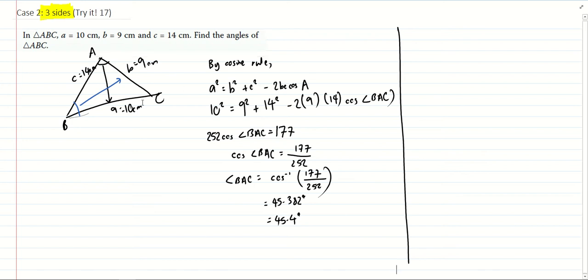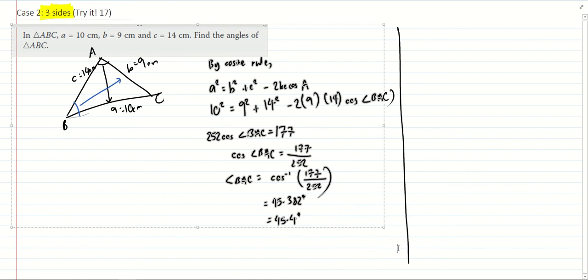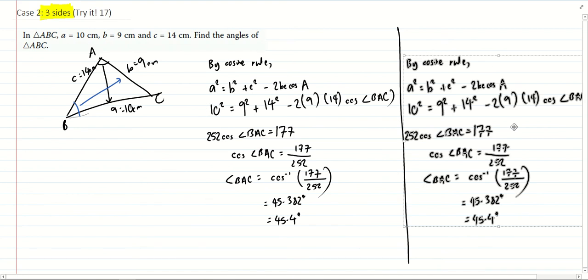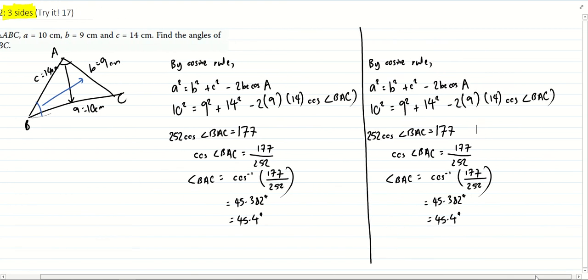We can use the same exact thing to find all the other angles. If I want to use cosine rule, I'll just have to copy this whole thing. Let's paste it here. And instead of 10 square on the left, we will erase the 9 square because the length opposite angle ABC is 9.